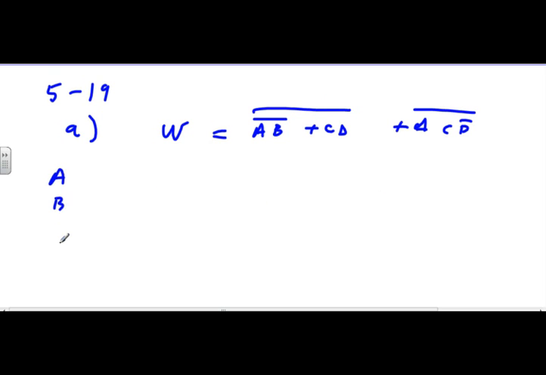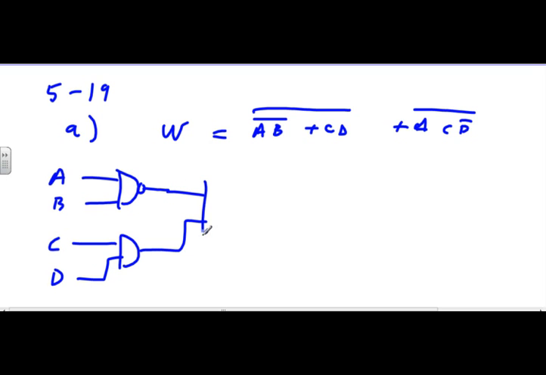A, B, C, D. So I got A, B knotted. I've got C, D by themselves, and then those get ORed. No, that's an OR gate. Yeah, I'm going to get the right one here pretty soon. I just feel it in my bones. Or knotted.